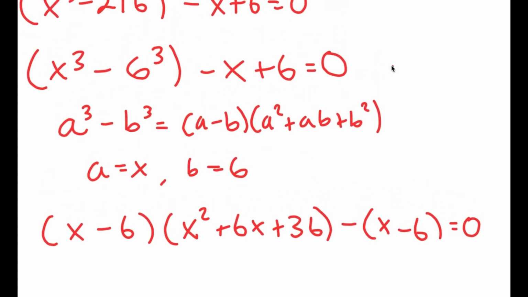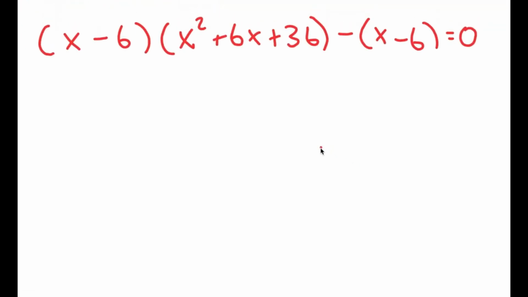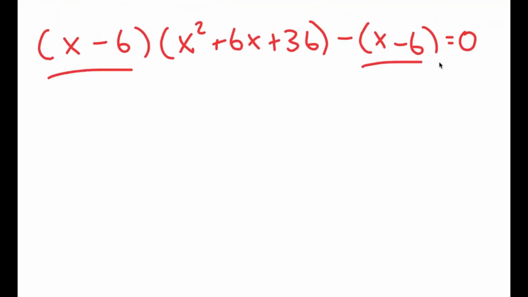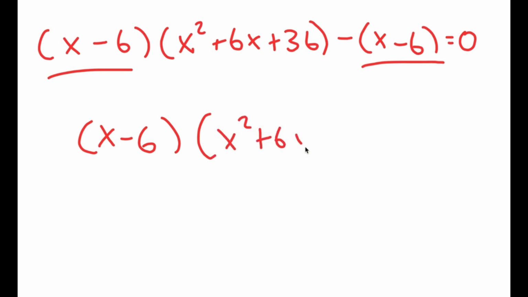Negative x plus 6 is the same thing as negative x minus 6 because you distribute the negative sign. So now from here, because both of these terms have x minus 6 in them, I'm going to factor out x minus 6. So I get x minus 6 times x squared plus 6x plus 36 minus 1 is equal to 0.